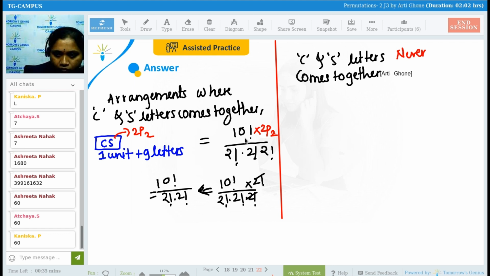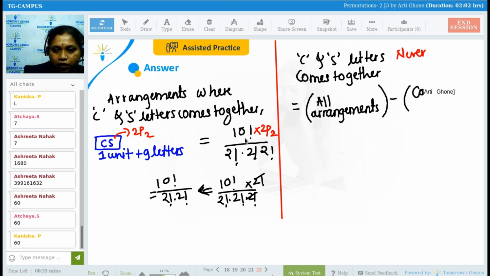What is the answer? All arrangements minus the together arrangements.